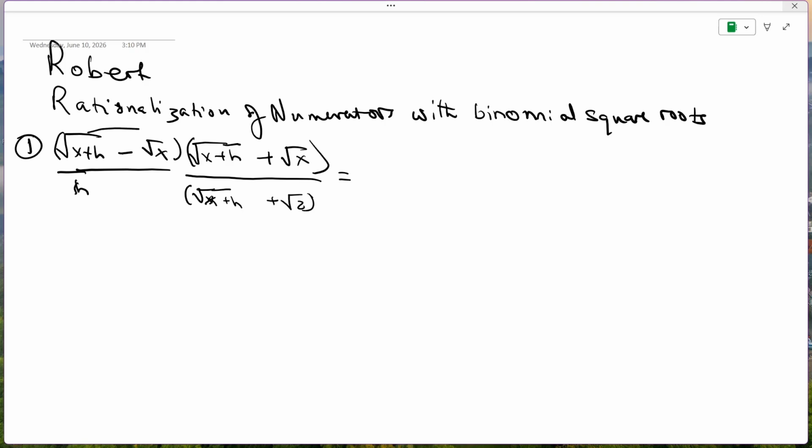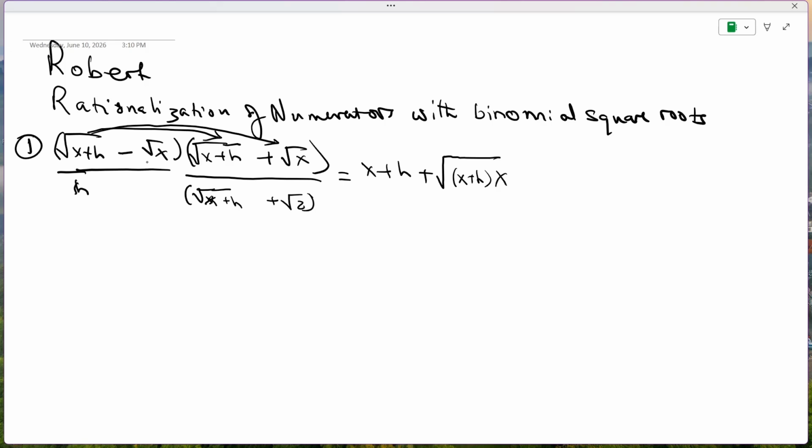And we can start with the first expression, root x plus h multiplied by root x plus h. That one will leave us with the x plus h. And then we multiply root x plus h by root x. So this one will be root x plus h, x positive.